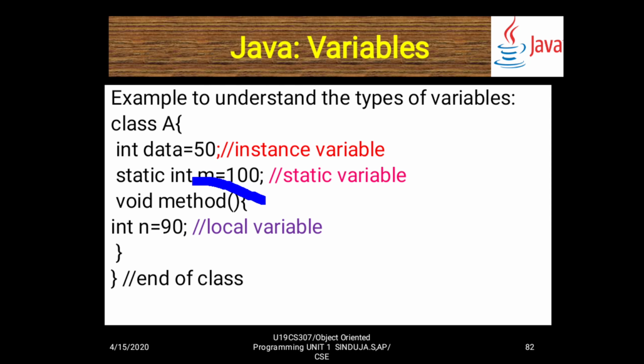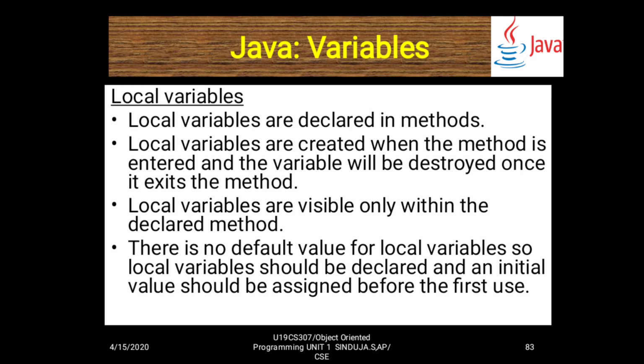Because it doesn't have any copy of memory spaces, it has only one copy. You can make changes in that. So that is a static variable. Just to understand: your local variables are within your function, instance variables are outside your function but within the class, and for static variables you will have a keyword called static. Let me have an example for each of these.